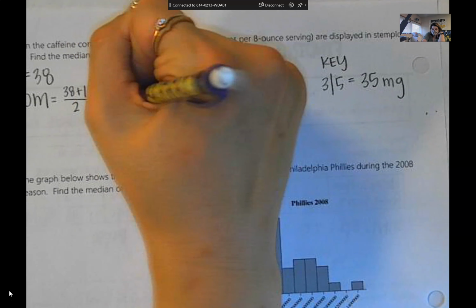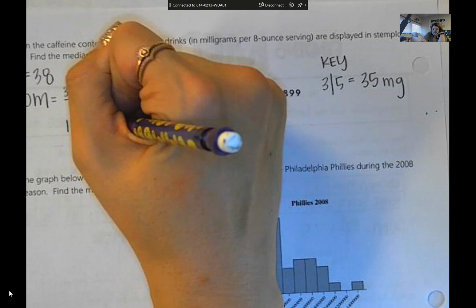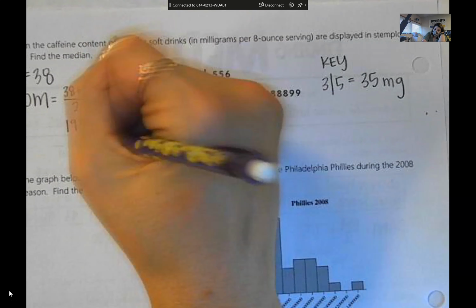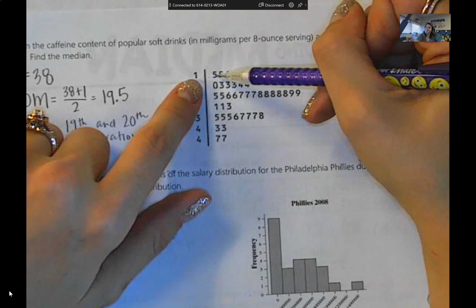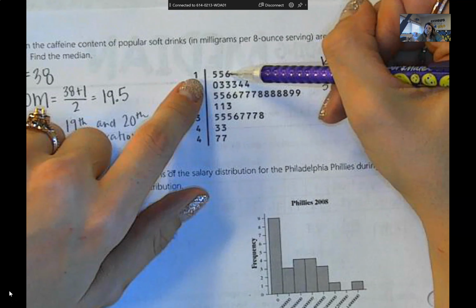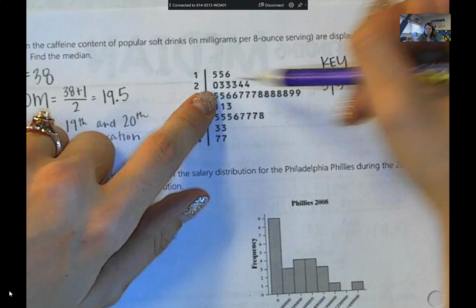19.5. So that means that this is between the 19th and 20th observation. So you go to the stem and you start at the left, because that would be the bottom, and you count up 1, 2, 3, drop back down to the left and count up.